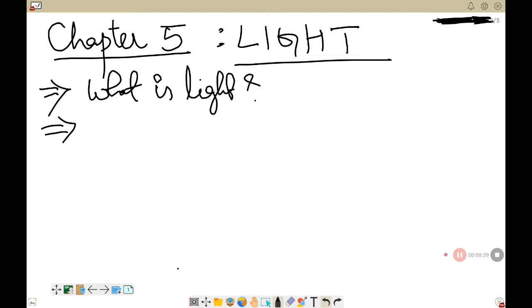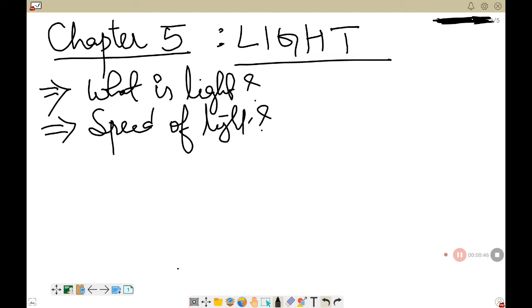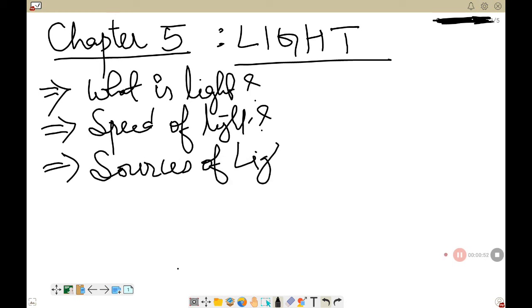Then we learned about speed of light, isn't it? Then we also learned sources of light. So those were the three things that we studied in the first class of this chapter number 5, light.